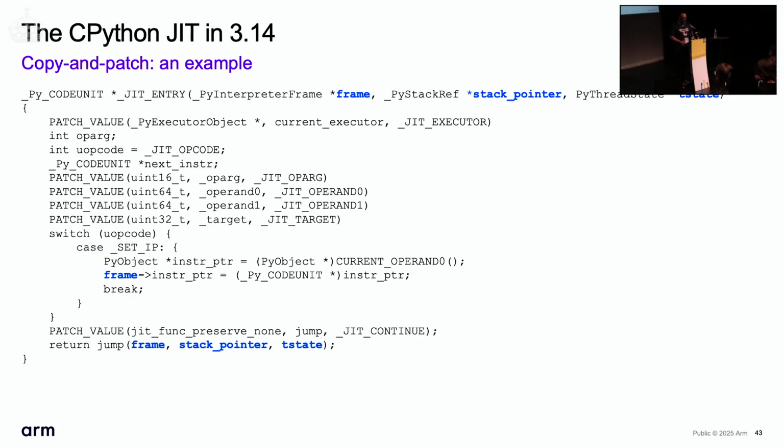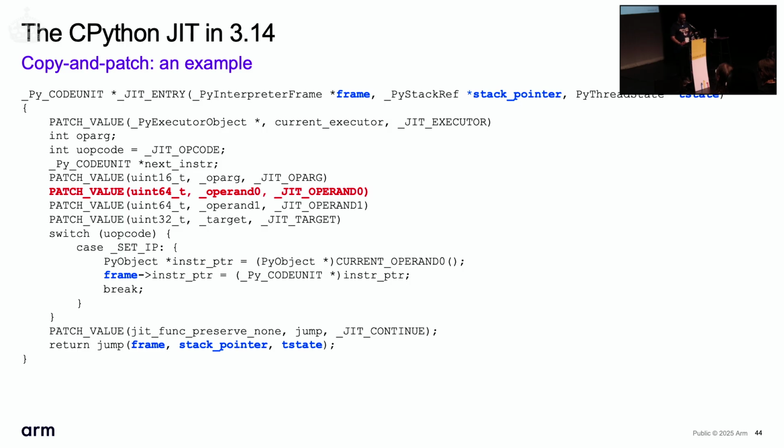It takes three arguments: the current interpreter frame, the stack pointer, and the thread state. These are passed because any micro-op might need access to them. For example, in this case, _SET_IP needs only the interpreter frame.